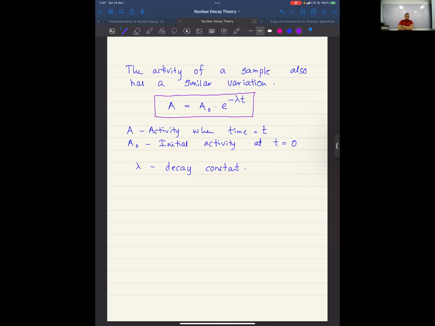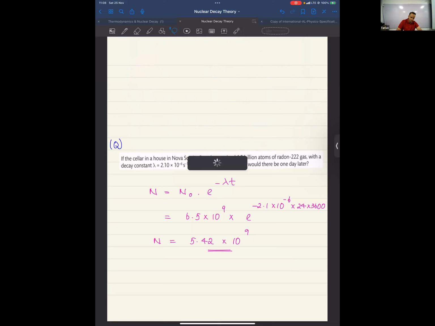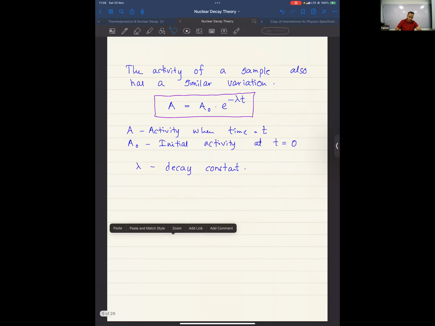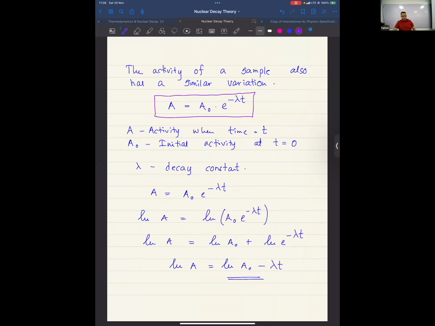You can do the same thing here with logarithms. If I take ln on either side, you will get ln A equals ln A naught into e to the power minus lambda t, which is ln A naught plus ln e to the power minus lambda t.